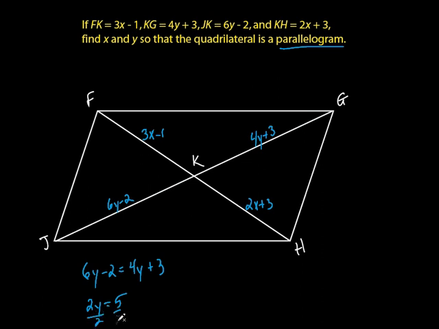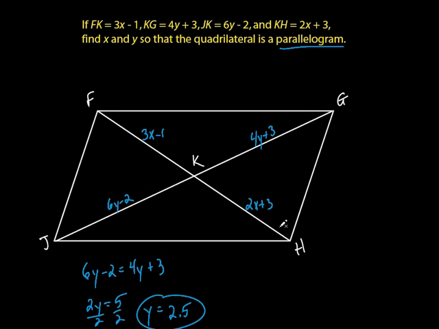So we divide both sides by 2. So you could say it's 5 over 2 or 2.5, if you want to write it as a decimal. Technically, on a quiz or a test, if you wanted to keep it like that, I'd be perfectly fine. But this is the way they have it in the book, so I'll write it like that. So if y is equal to 2.5, at least this diagonal is being bisected, because then this would equal this.